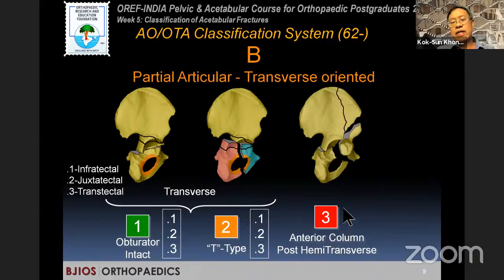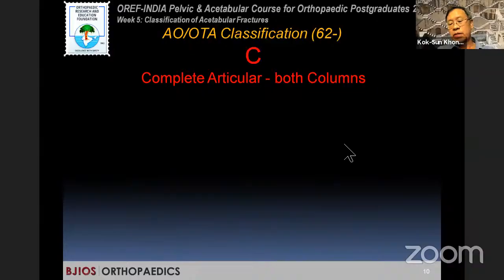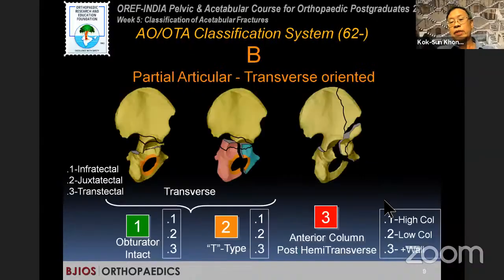Its classification is slightly different from the transtectal, and what you get is B3.1 will be involving a high fracture going through here. B3.2 is a low column fracture, and B3.3 is the one that has an associated anterior wall fracture.